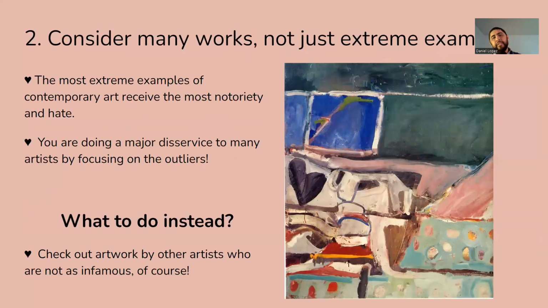Another one is consider many works, not just extreme examples. Again, what these men did was cherry pick things that they didn't like that are considered contemporary art or modern art. What usually happens is the things that are the most extreme get the most press, right?